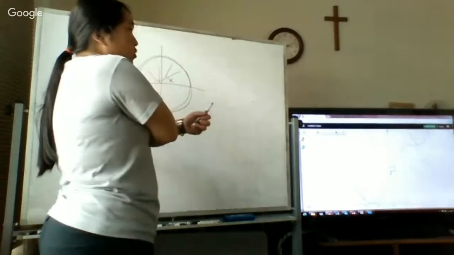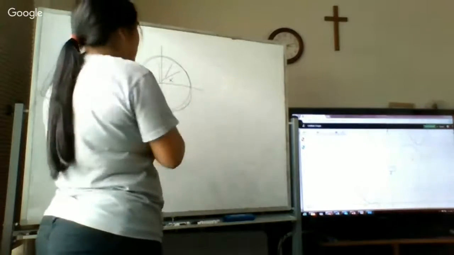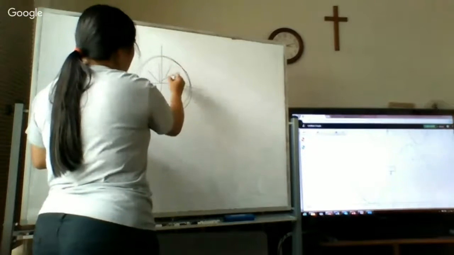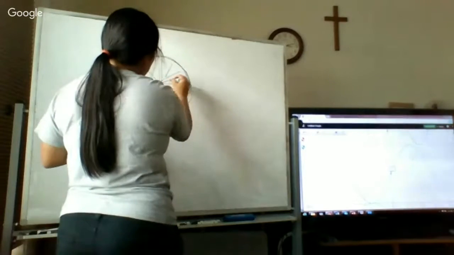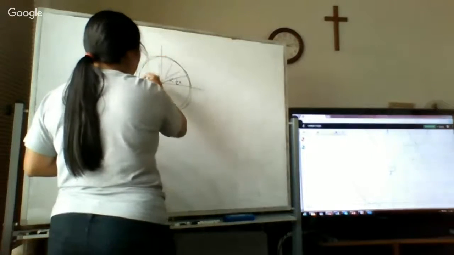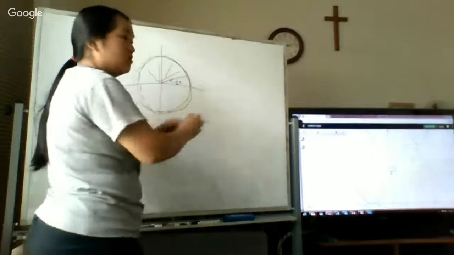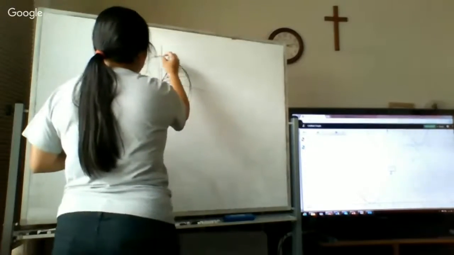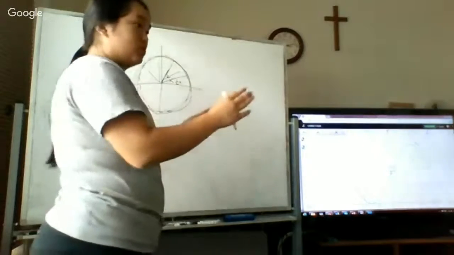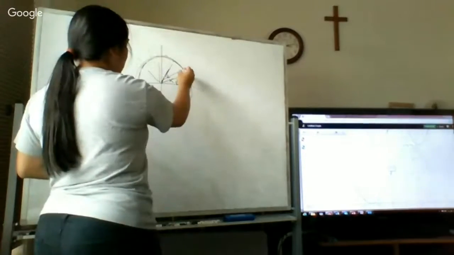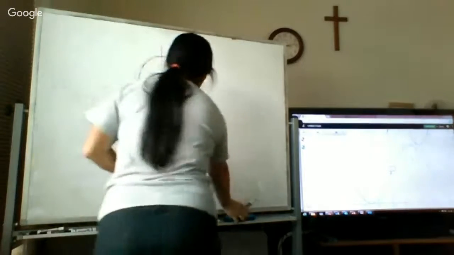But if you're horizontally compressing or stretching it, then instead of x, maybe your angle would become half x, and it would take twice as long to get all the way around, and that's why your period would become longer. Or this would become 2x, and then it would take half as long, and so the period would become shorter. And so that's why for sine and cosine, it works to do the 2 pi over b.